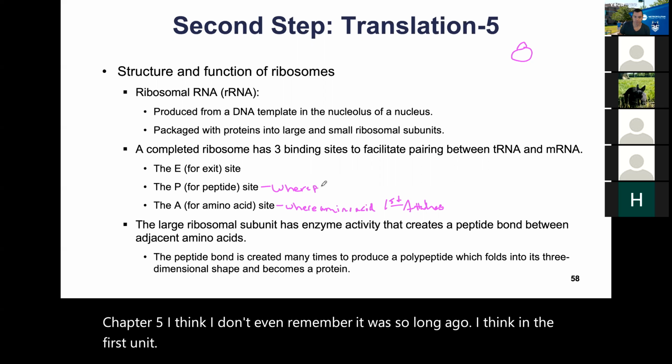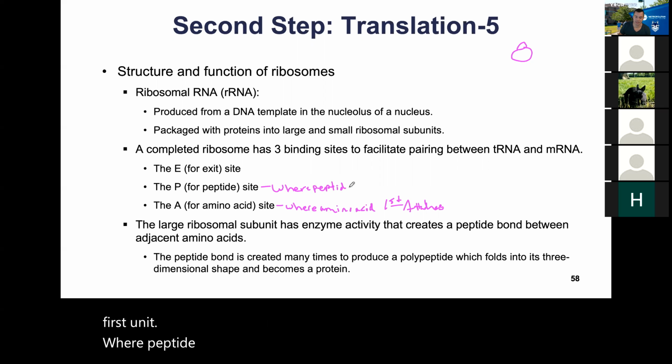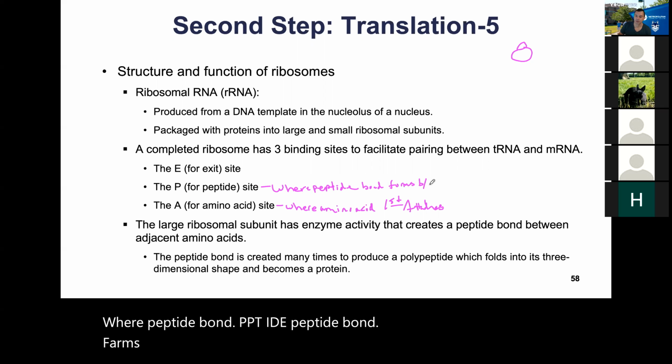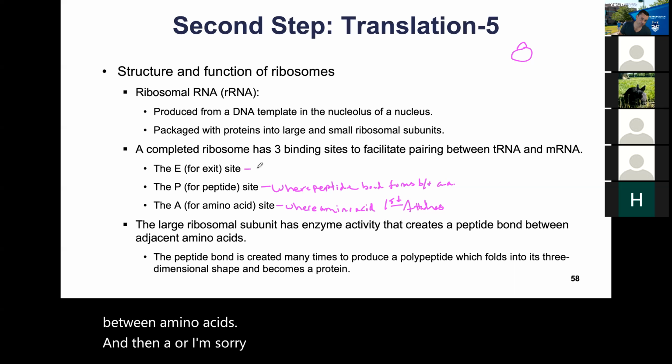Where peptide bond, P-P-T-I-D-E, peptide bond forms between amino acids. And then E is the exit.